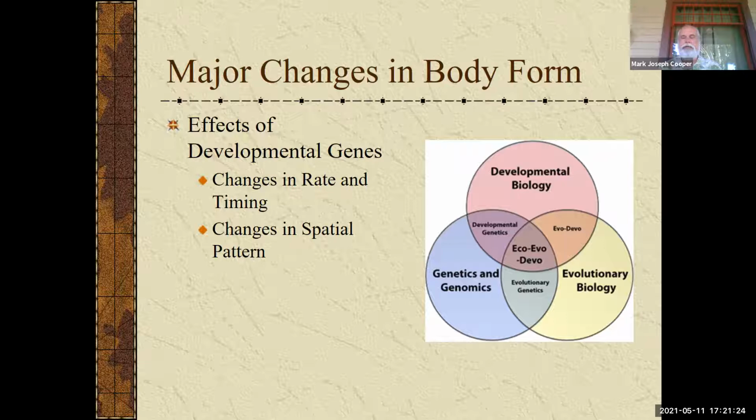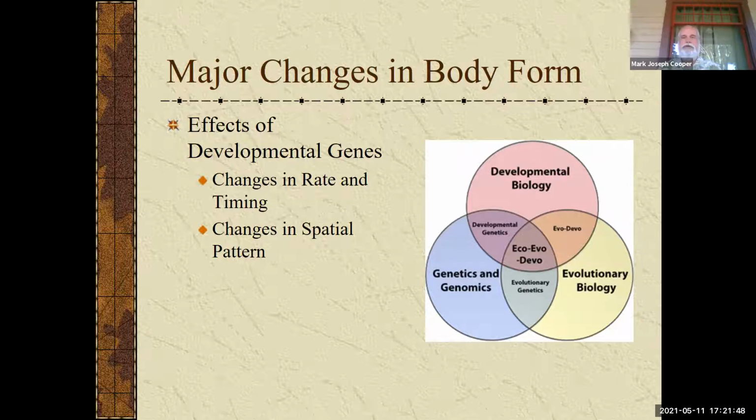And what you're seeing here is an addition of another group, which is the Eco, which would be the genetics and genomics group. So what you're trying to do is try to figure out how can we do it. And we're gonna really look at the genes and how we talked about it before, and how these can change body form.